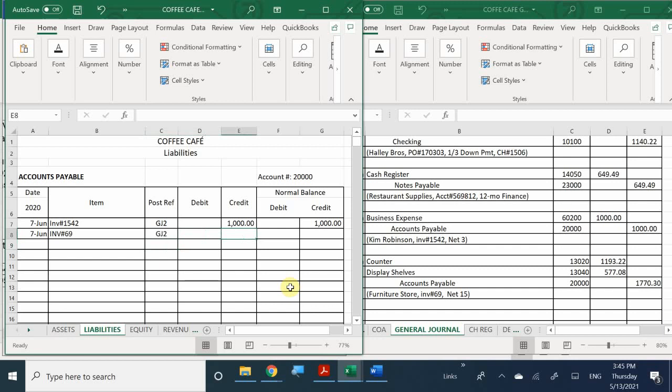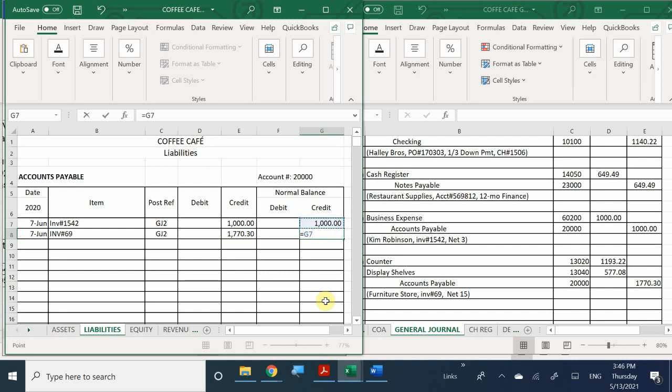And once again, we're on the credit side. This time, we now owe $1,770.30. So therefore, we're increasing the amount that we owe. How this formula is going to work is, I wouldn't say the opposite of what we've been working with, but in this case, we're going to take our previous balance.